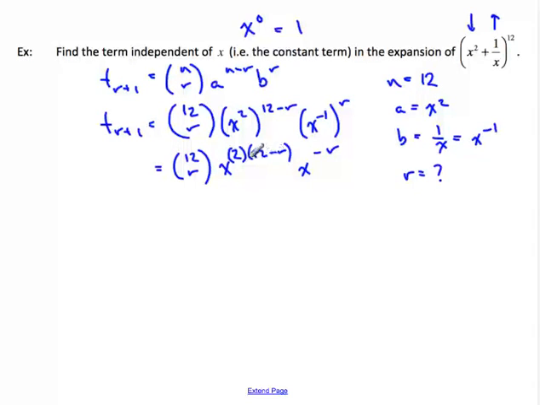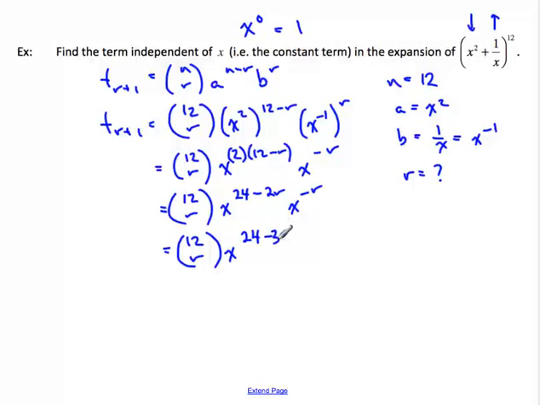So we have 2 times 12 minus r as this exponent and negative r as this exponent. If we multiply that out, we get x to the power of 24 minus 2r times x to the power of negative r, and combining those we get 12 choose r, x to the power of 24 minus 3r.